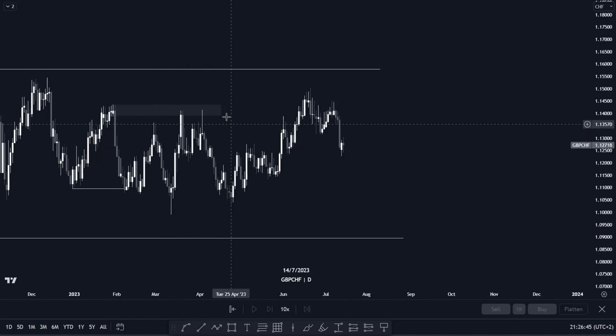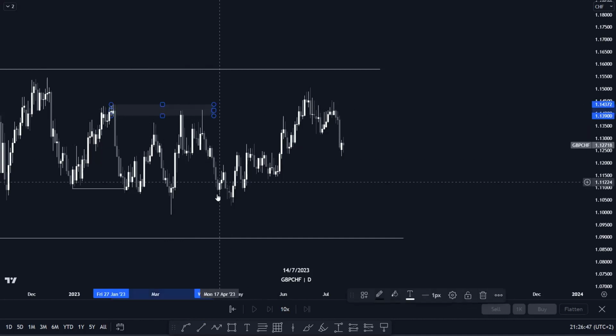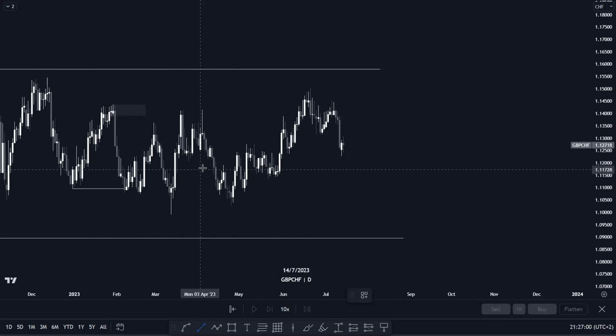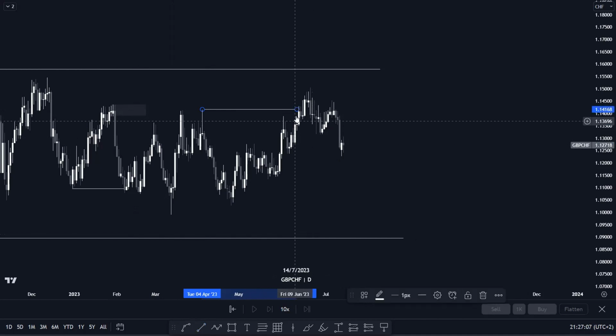So what happened next? Price eventually pushed to the upside and then violated our previous lower high, meaning that we could be in a change of trend. So we could be moving from this downtrend to an uptrend. Okay, so here we have this break of structure.